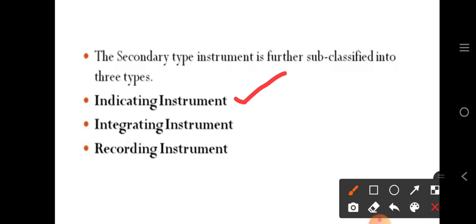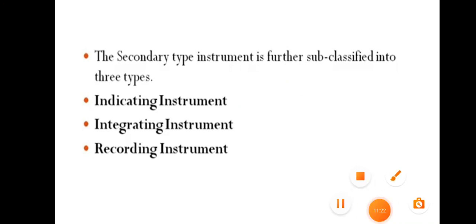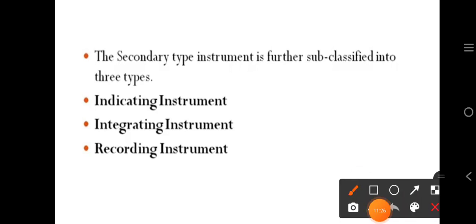Then the second type is the integrating instrument. Integrating means what? It integrates a type of data. Okay, so we have seen the indicating instrument, then the integrating instrument.